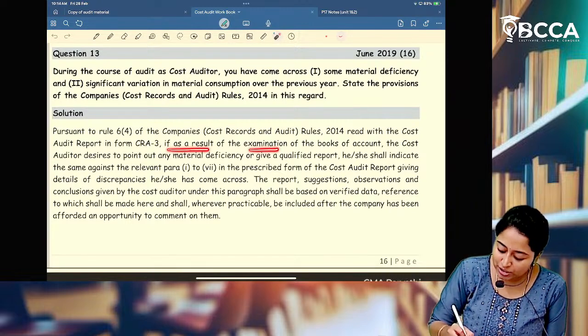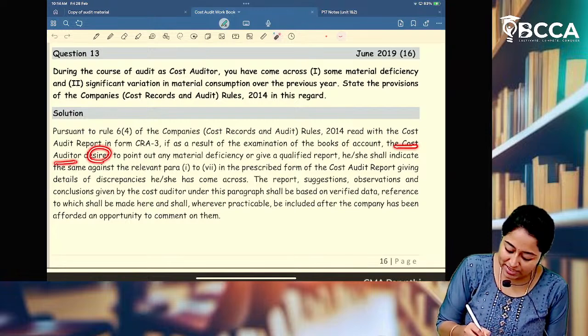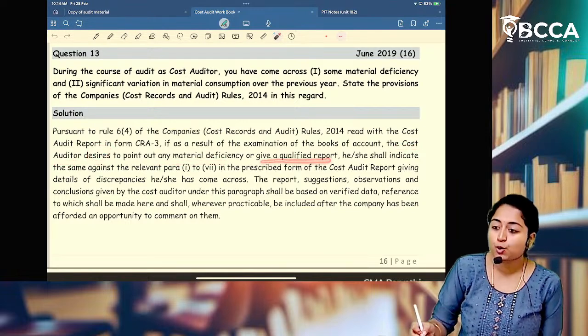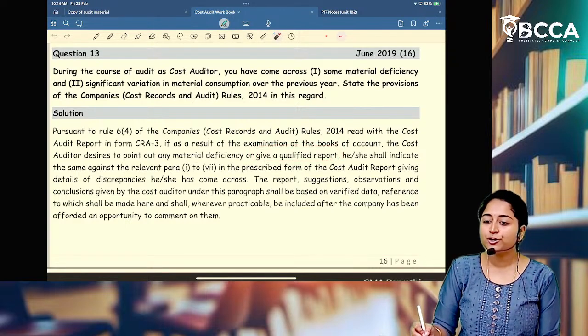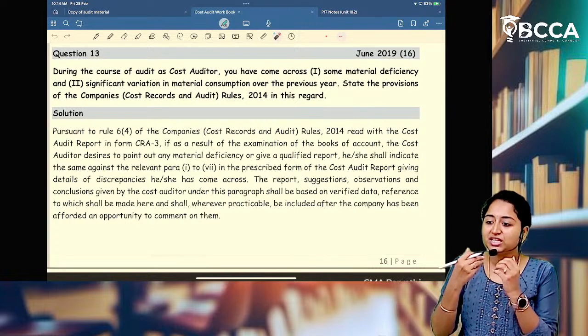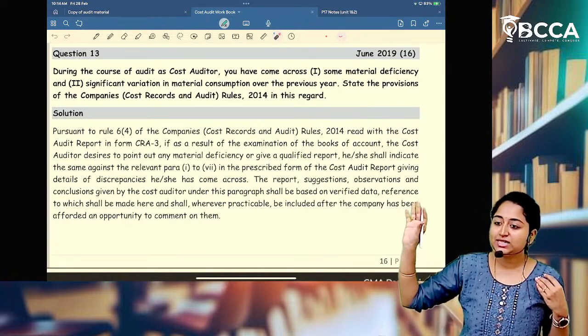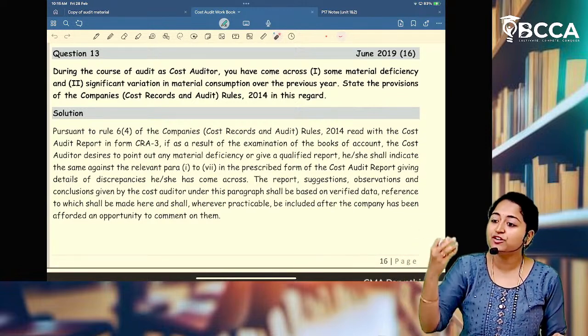If, as a result of examination of books of accounts, the cost auditor desires to point out any material deficiency or give a qualified report. What did I tell you regarding a qualified report? Qualified means he is qualified, like you are CMA qualified, which means you have done the exam well.